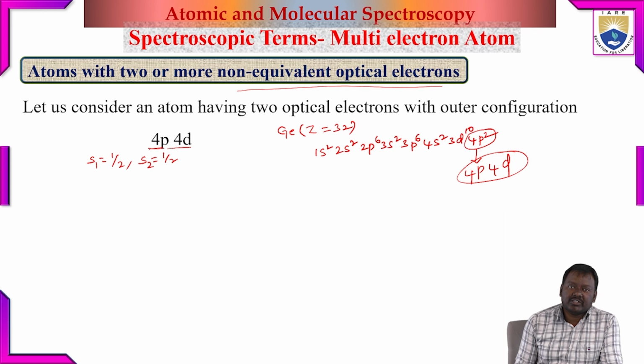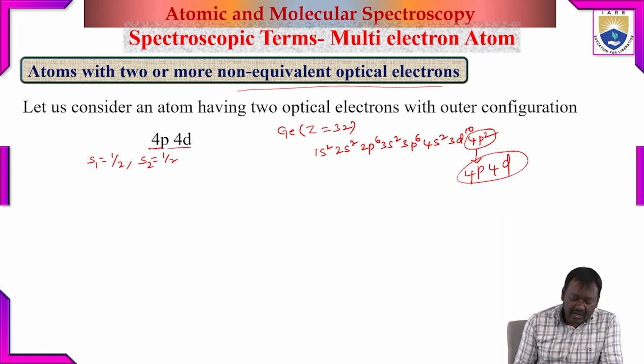So the interaction must be LS coupling. Whenever LS coupling is in action, the interaction between spins comes first. The spin interaction is stronger.